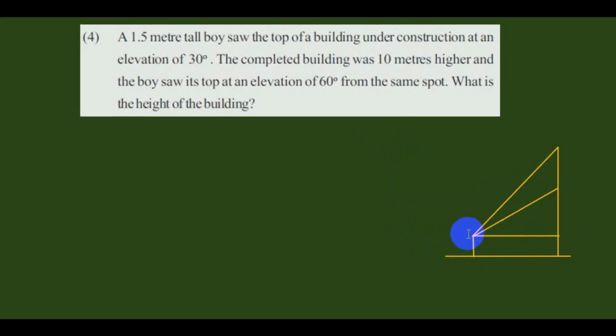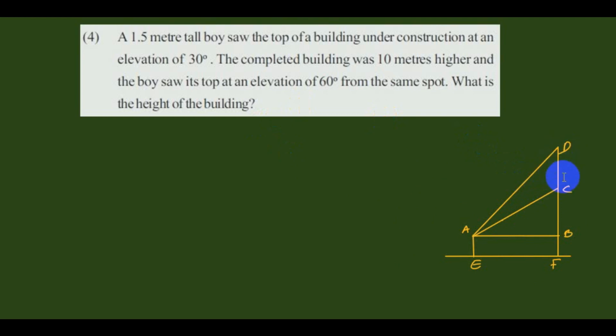Let A, B, C, D, E, F be the names of the vertices. There it is mentioned that when the building is lifted 10 more meters, the building work is completed.